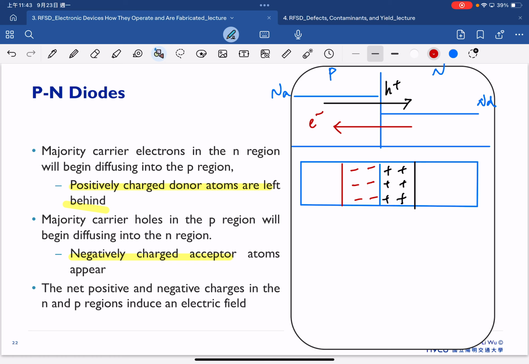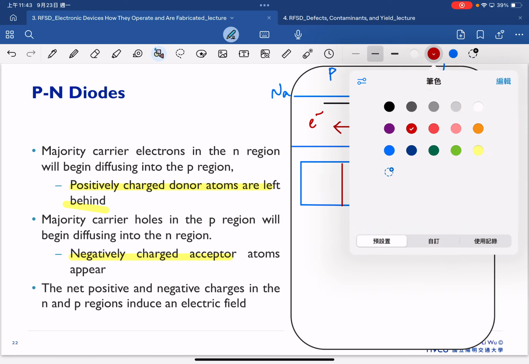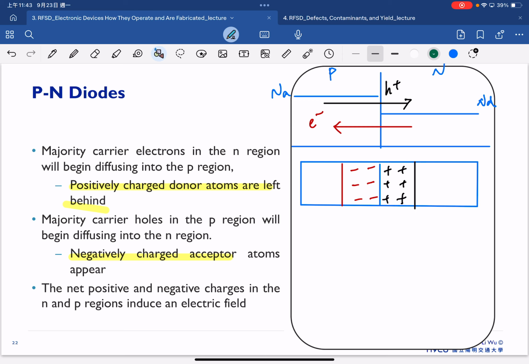And usually this is a region we call the space charge region. Sometimes we also call it the depletion region.